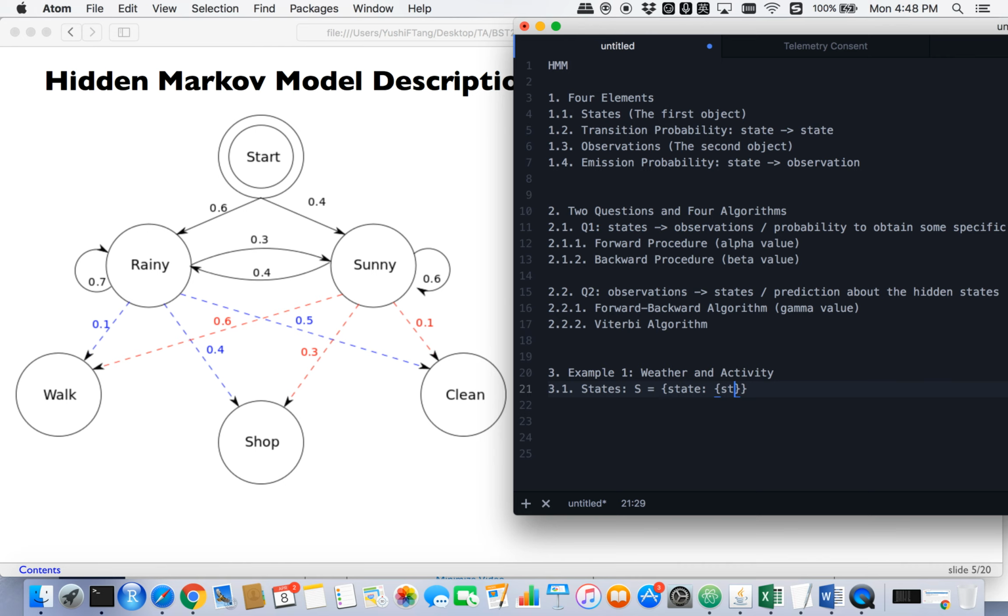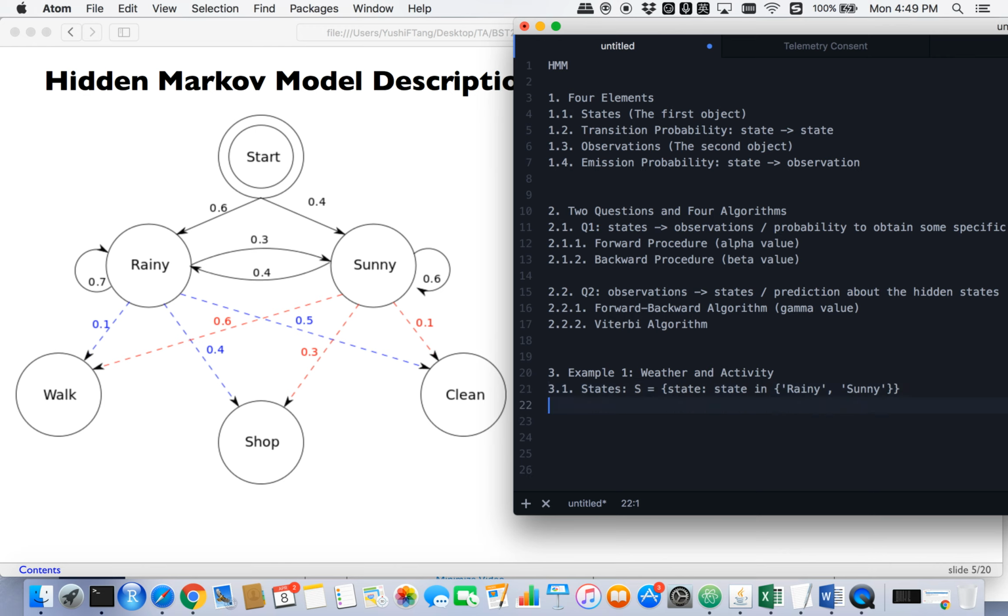So the states are whether it is raining or sunny. This is the basic set of events for the states.